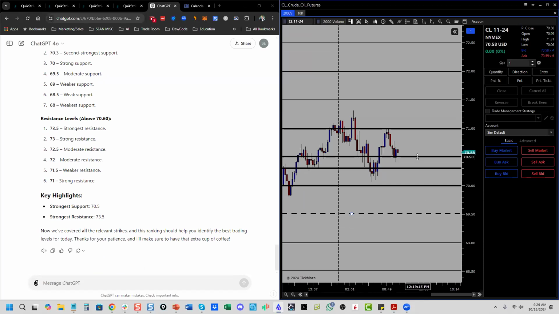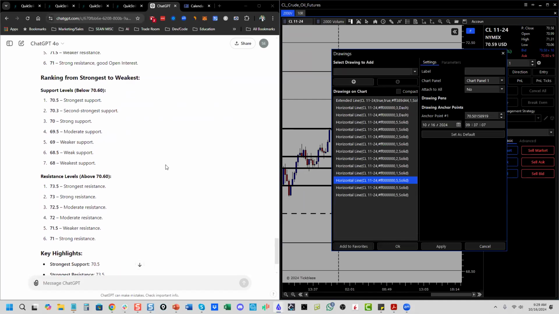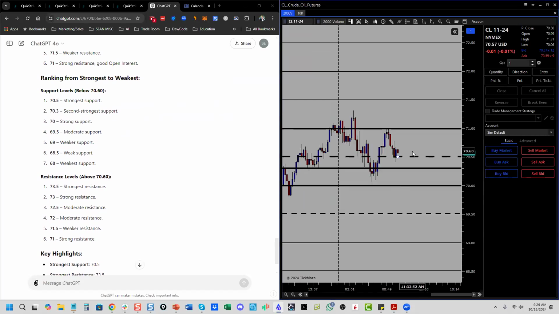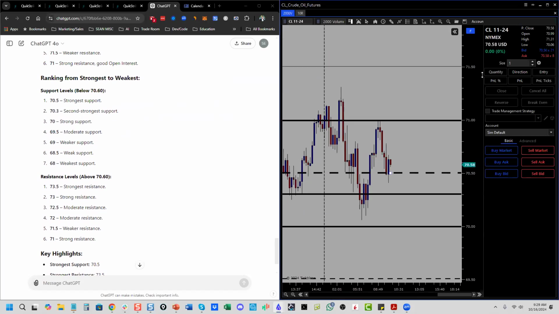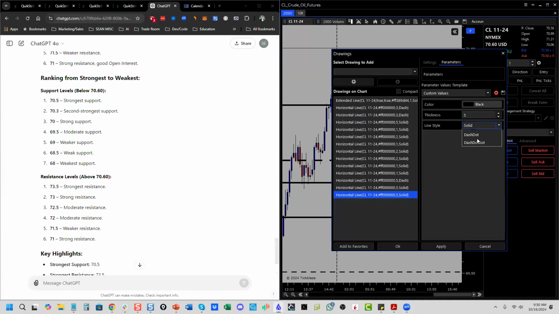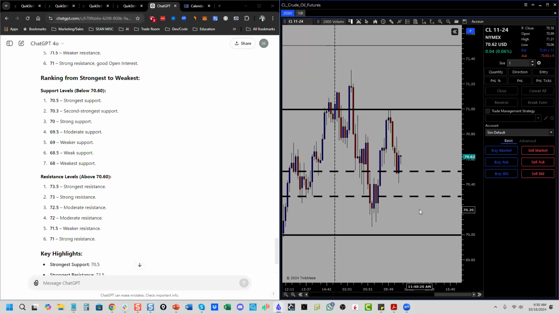So we're going to take this now and put this as 70.50, strongest support. We're going to change this to a dotted line. There it is. So for me, if I know that this is the strongest support level for the day, and this is the second strongest, that's pretty important information for me.